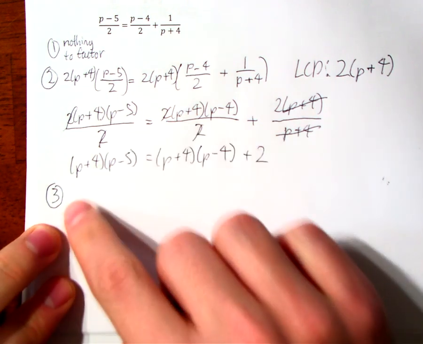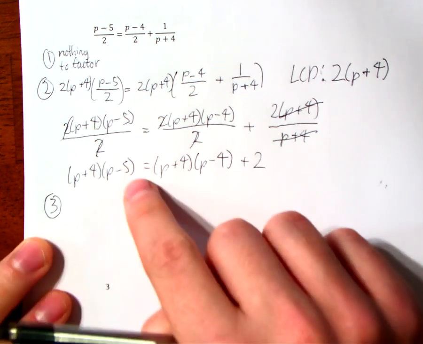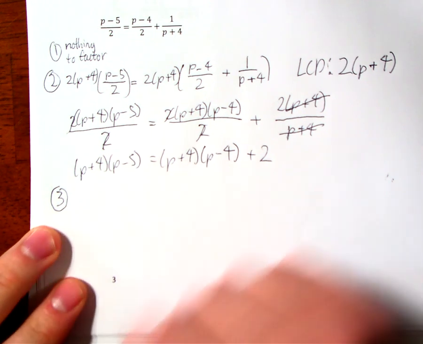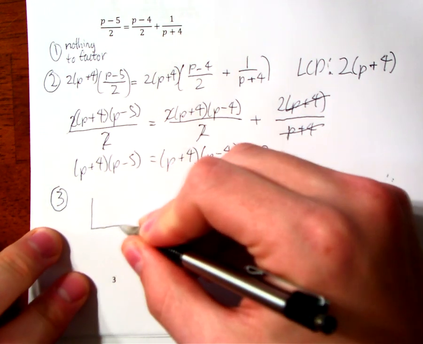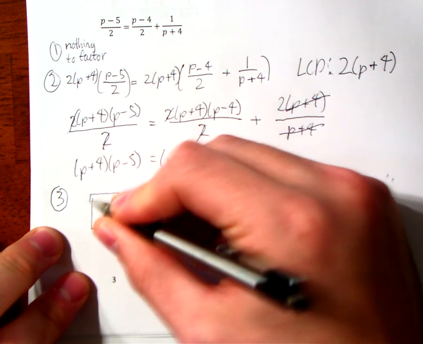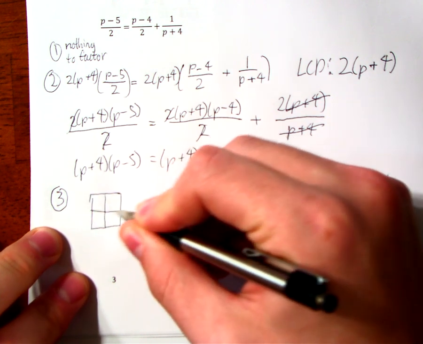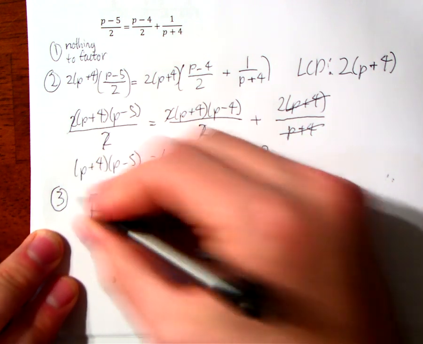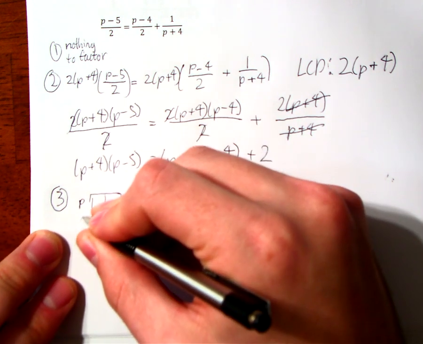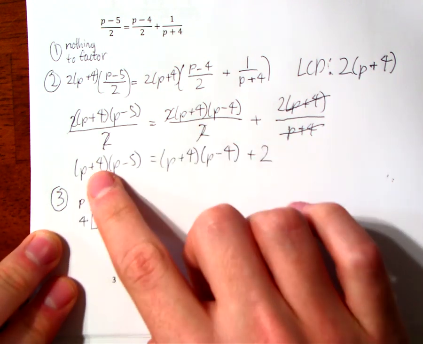And in this case, I do have a step 3. I've got 2 polynomial multiplication problems inside of my equation. Okay, I'm going to use box method to do the multiplications because I like box method. I think you should too. It's a good method. Okay, so for the first one, p plus 4 times p minus 5. I'm going to put a p and a positive 4 on one side, representing p plus 4.